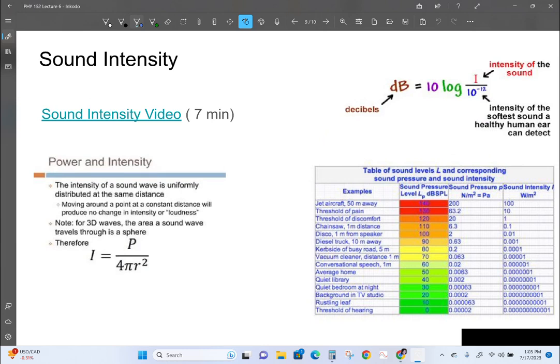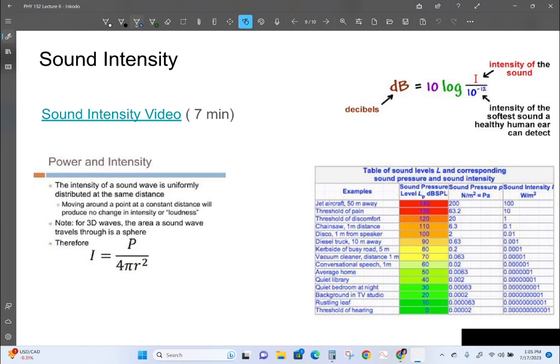So sound intensity is how we measure how loud we perceive a sound to be. Since it is a pressure wave, it does carry a certain amount of energy. And it's actually a logarithmic function that we can use to turn it into a number that makes more sense to us.